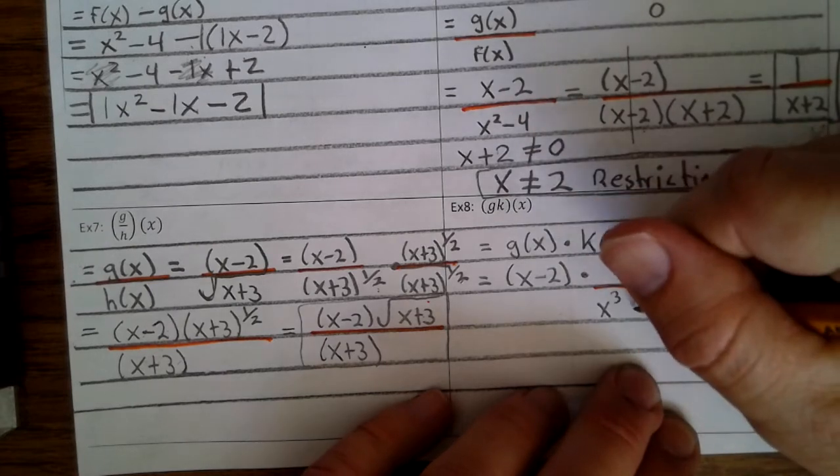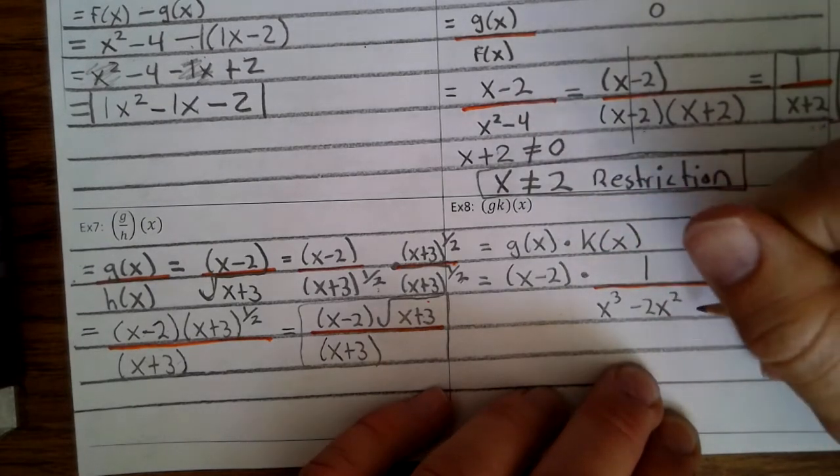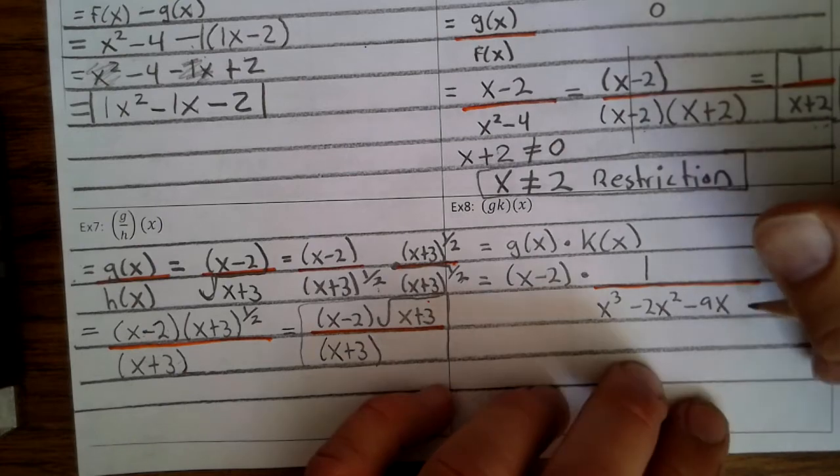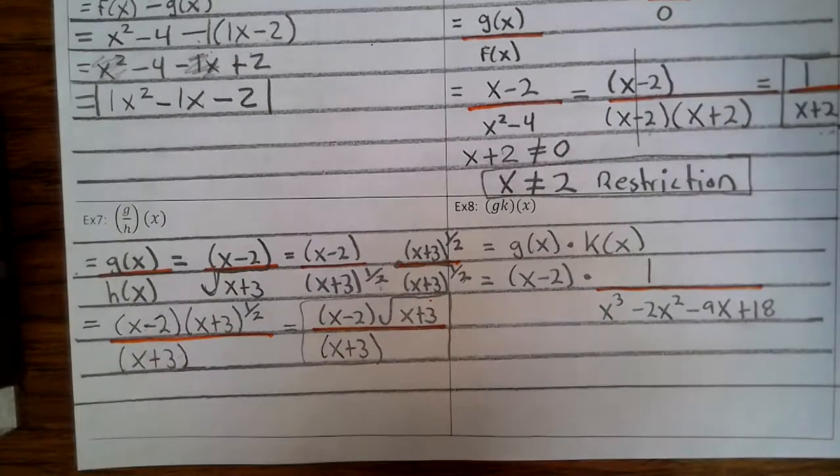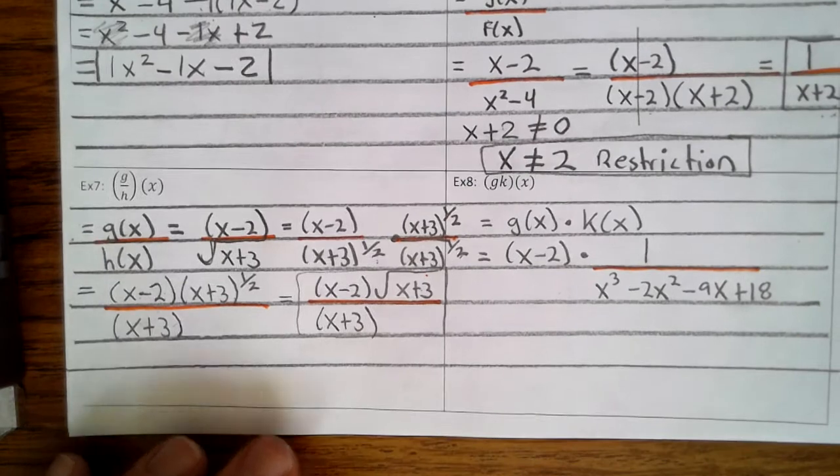Now what we need to do here is factor the denominator. So this is equal to x minus 2 divided by, looks like we can factor by grouping.